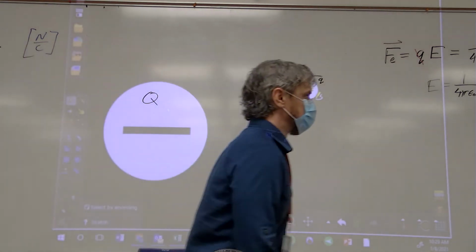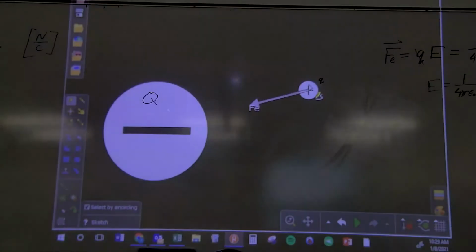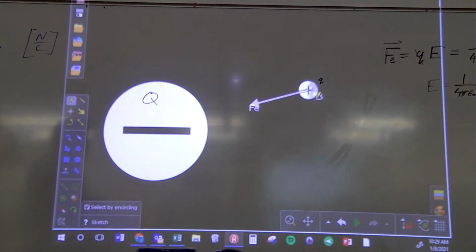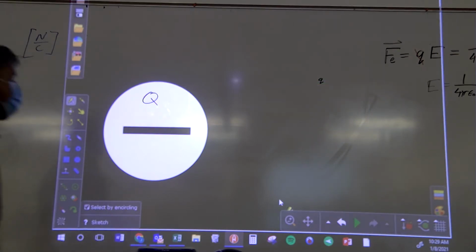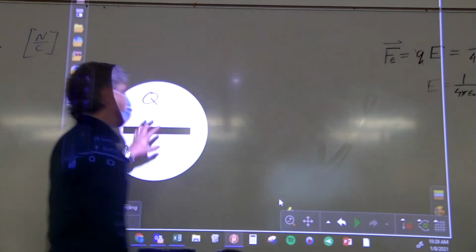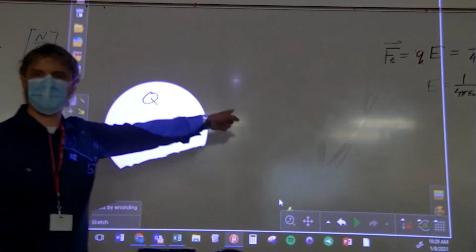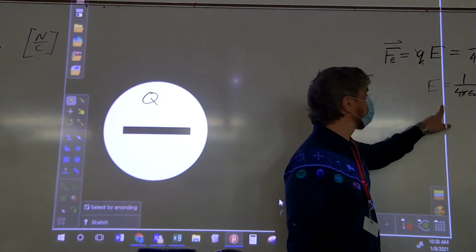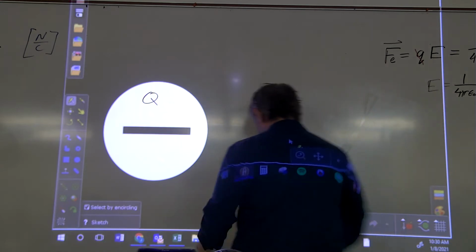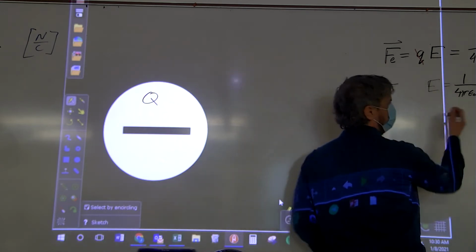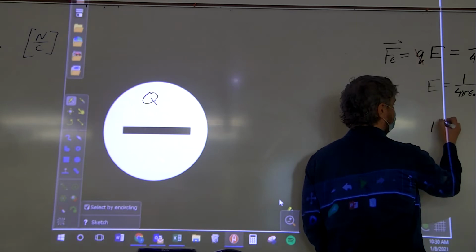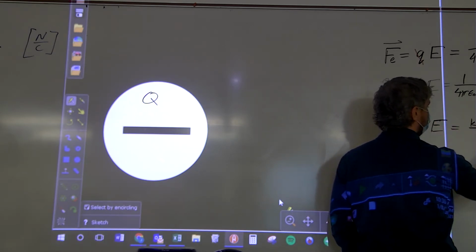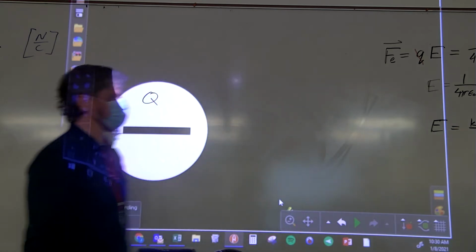And so, if I delete this charge here, little q is no longer there, big Q is still here, the field still exists. I can calculate the field using this equation, and if you don't like writing 1 over 4 pi epsilon naught because it does get kind of tedious, you can just say, well, it's Coulomb's constant times the charge divided by the distance from the charge squared.